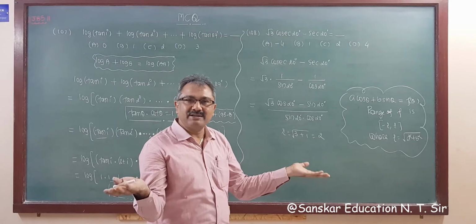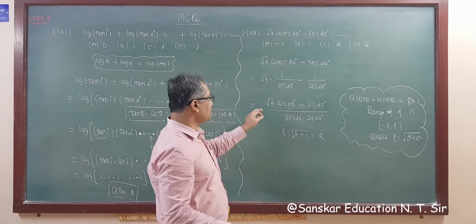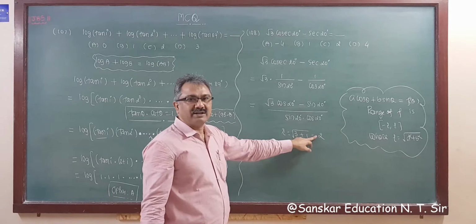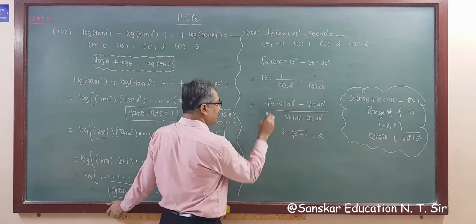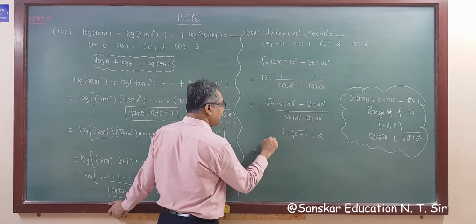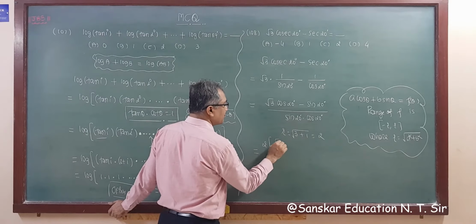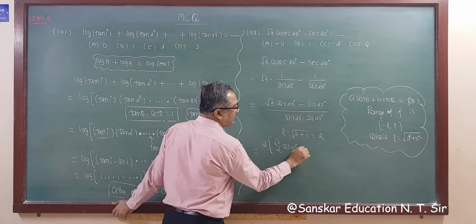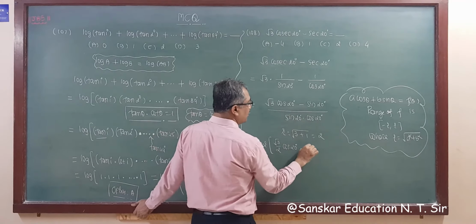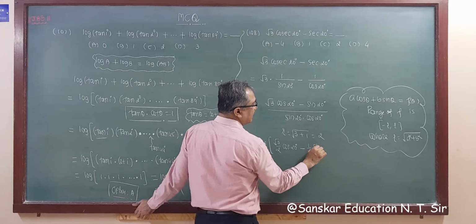So you can take either cos or sine. Therefore, I am dividing and multiplying by 2 here. So multiply is here and dividing gives √3 by 2 cos 20 minus, we have to divide this also, 1 upon 2 sin 20.